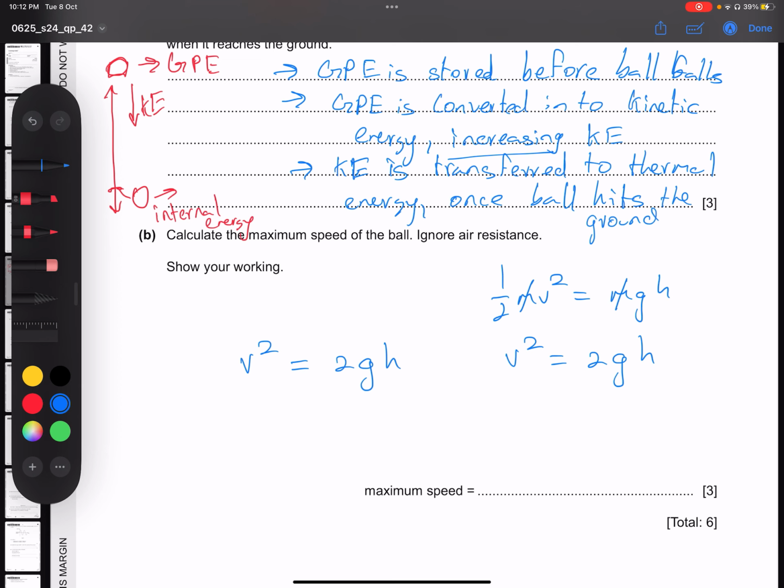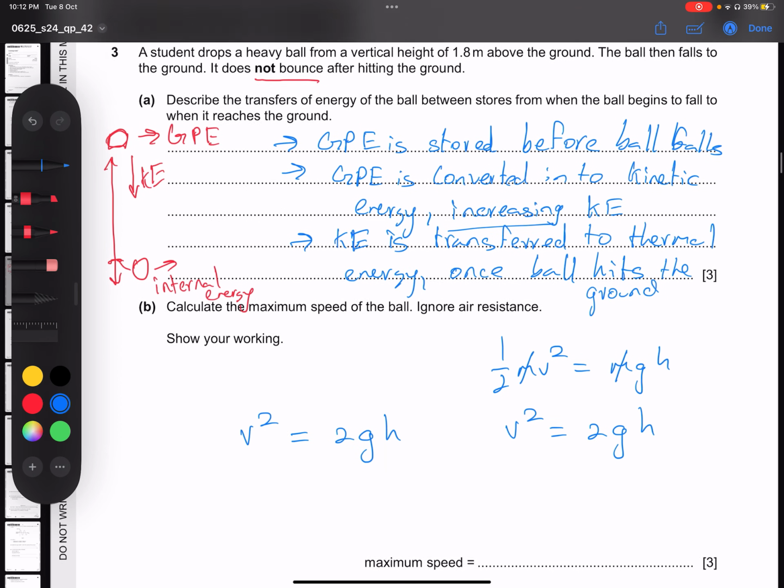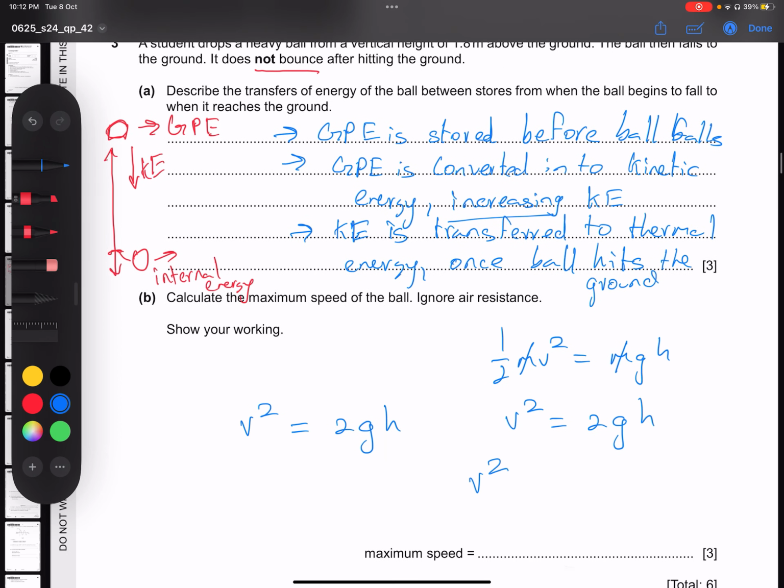Now we know the height is just 1.8 meters, so v square is equal to 2 into 9.8 into 1.8. So v is just root of 2 into 9.8 into 1.8, where the answer is 5.9 meter per second.